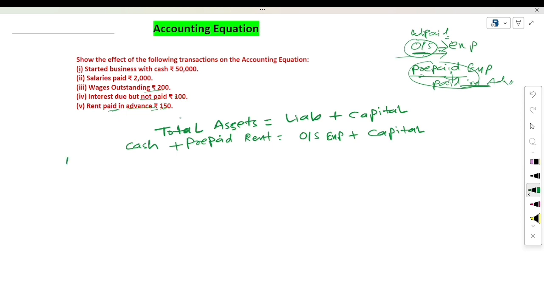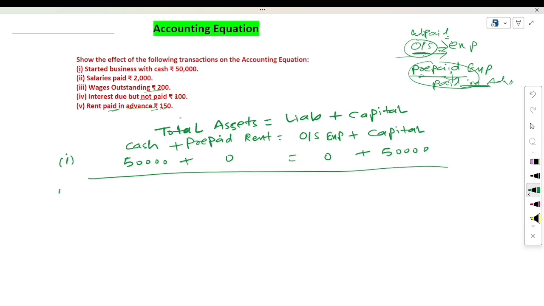Now we start to solve the problem. Transaction number 1, started business with cash, how much? 50,000. Your cash amount will be 50,000. Prepaid rent 0, outstanding expense 0. This cash will be the capital of the business. This is the first transaction. For the second transaction, salary paid rupees 2,000.